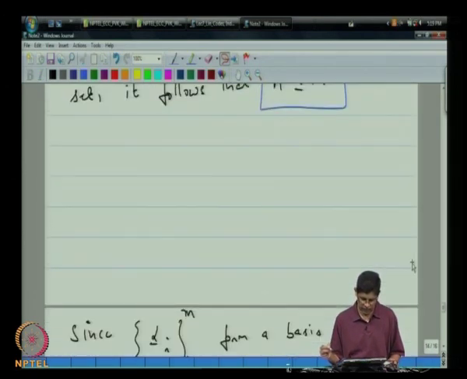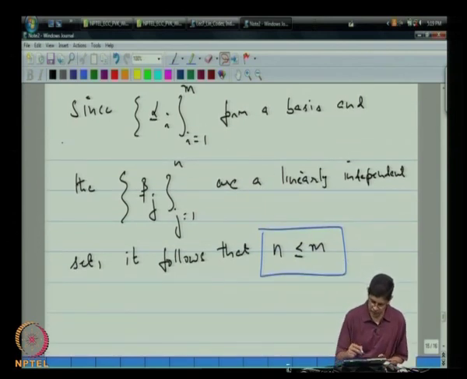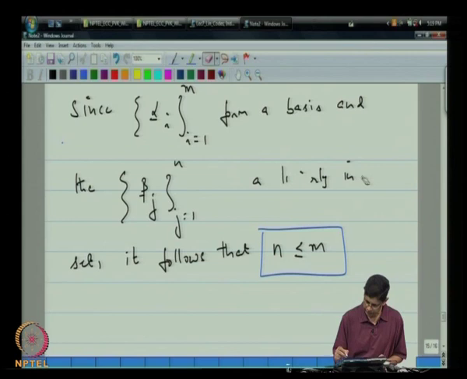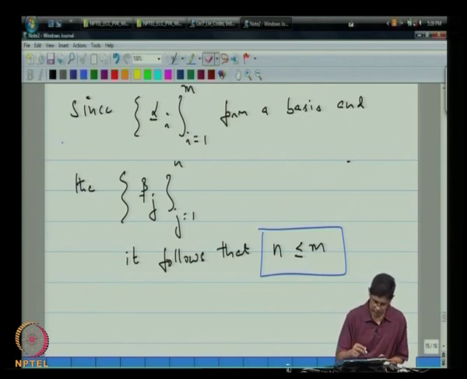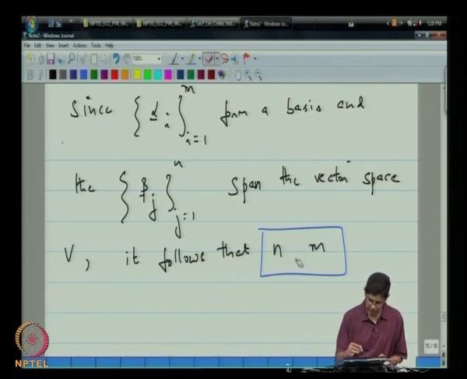Again, using similar reasoning, since the alpha i form a basis and the beta j span the vector space V, it follows that n must be greater than or equal to m.